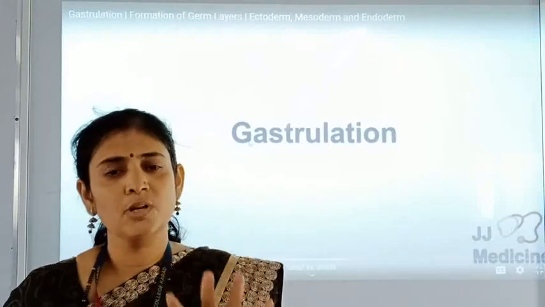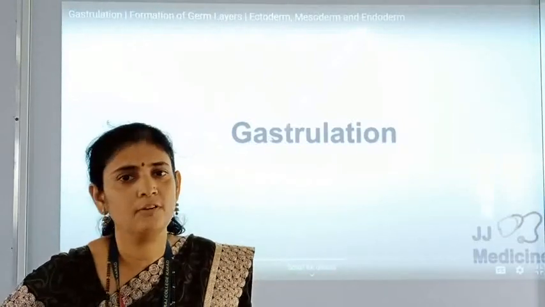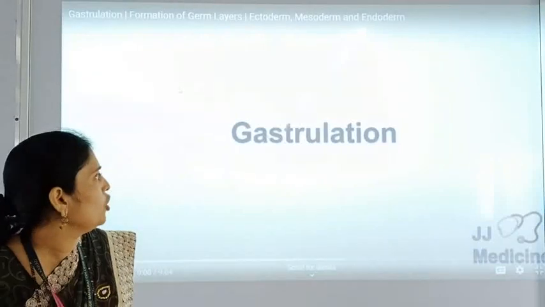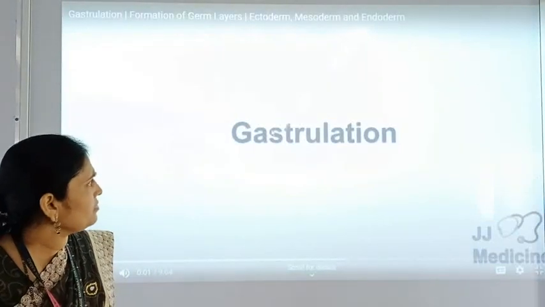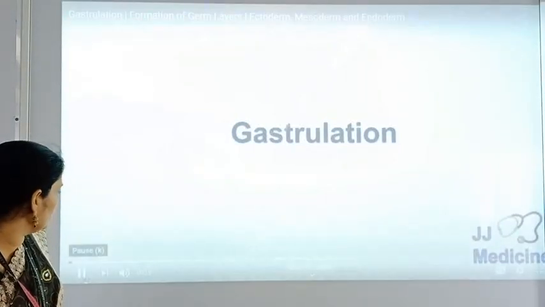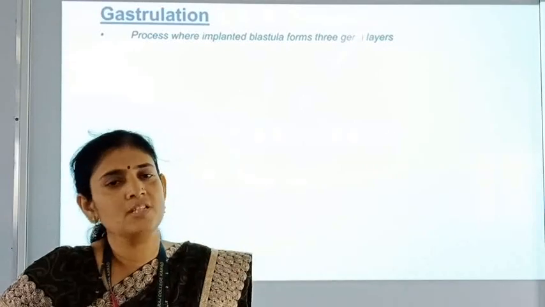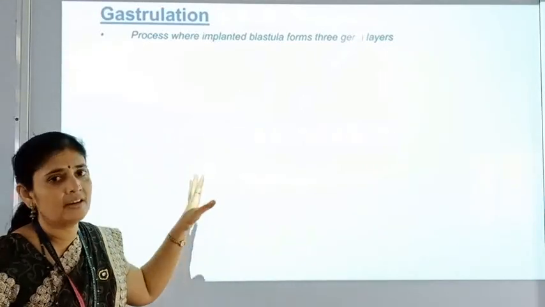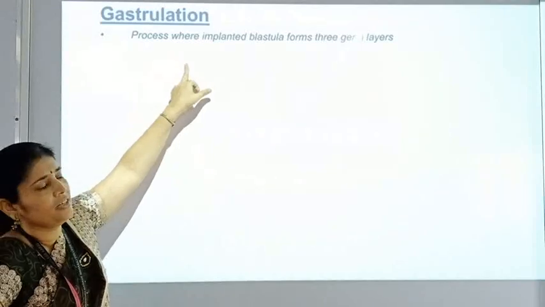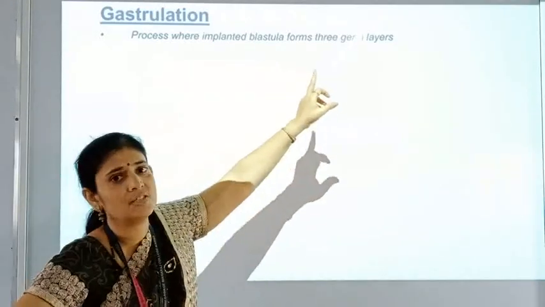So, that video on the gastrulation process I am going to show you here. Gastrulation means the gastrula is formed from the blastula. That process is called gastrulation, where the implanted blastula forms 3 germ layers.